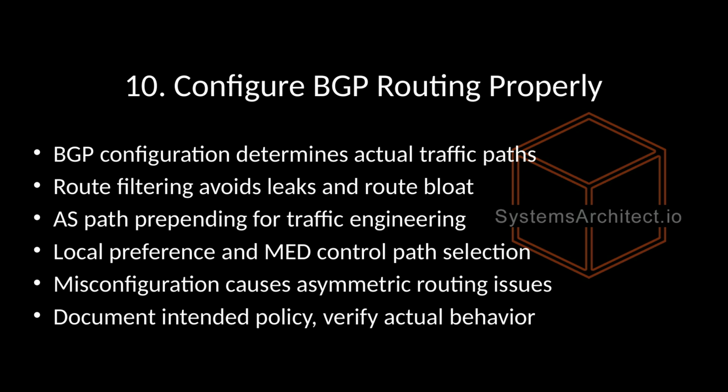It makes one path look less preferable than another. A backup path then only gets used when needed. Getting local preference and MED values wrong causes trouble. It's a common cause of asymmetric routing, where traffic splits direction. Document your intended policy, then verify actual behavior.